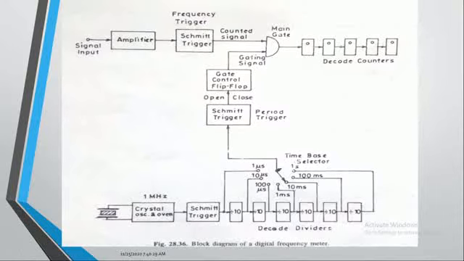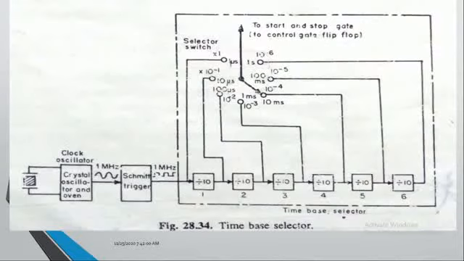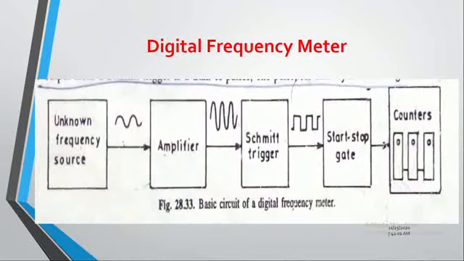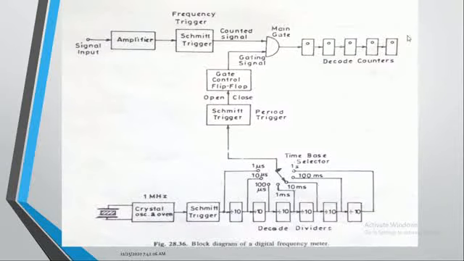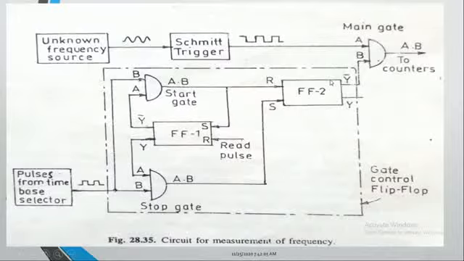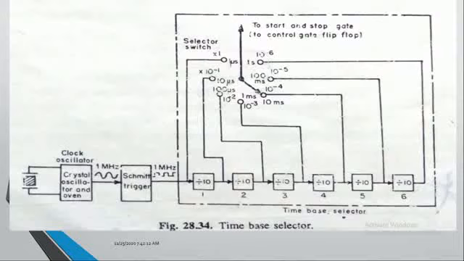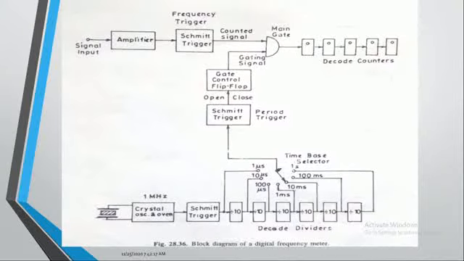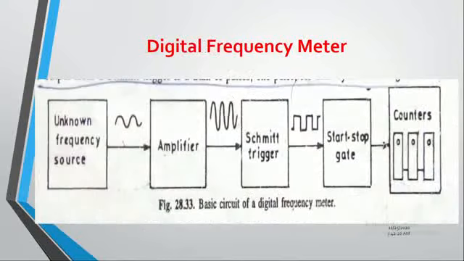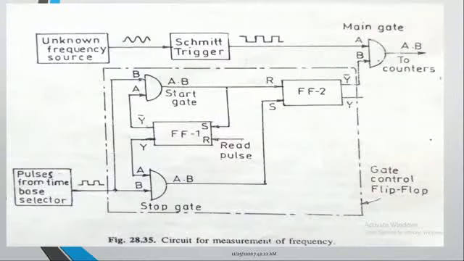If you feel that there are too many diagrams in the digital frequency meter, you can skip this one. You can go with these three diagrams, but if you want a simpler way of explanation, then it is better to use the first diagram. This is the basic diagram, and after that we can go with this one.